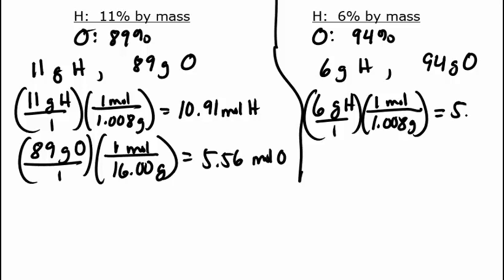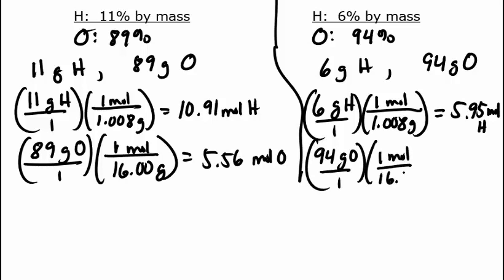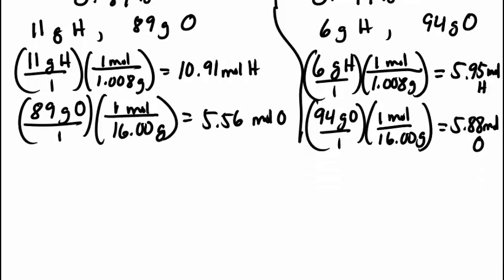And this time we get 5.95 moles of H. And for oxygen, 94. Gives me 5.88 moles of O for compound B.